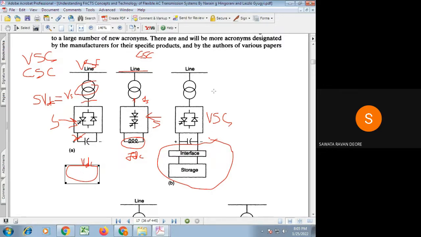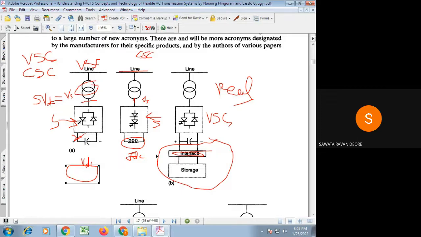So in order to exchange the real power as well, we should have a source of power on the DC side, and that's why there is a storage. Obviously, the purpose of the interface is that if your storage is at some different voltage level, whereas your converter DC side capacitor is at a different voltage level, then in order to match the voltage level of the DC side capacitor and that of the storage, you need some electronic interface like a buck converter or boost converter.